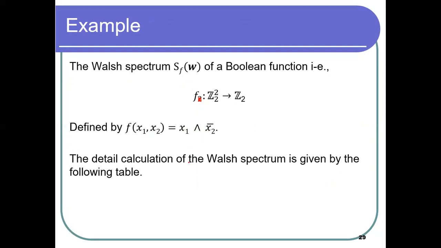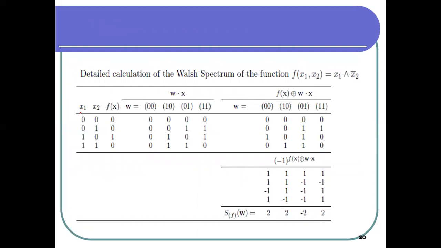By calculating this, if you can see, this is x1, x2, and this is my f, which is x1 and the negation of x2. This is 0, this is again 0, this is 1, and this is again 0. I take the w vector, which belongs to Z2 squared.